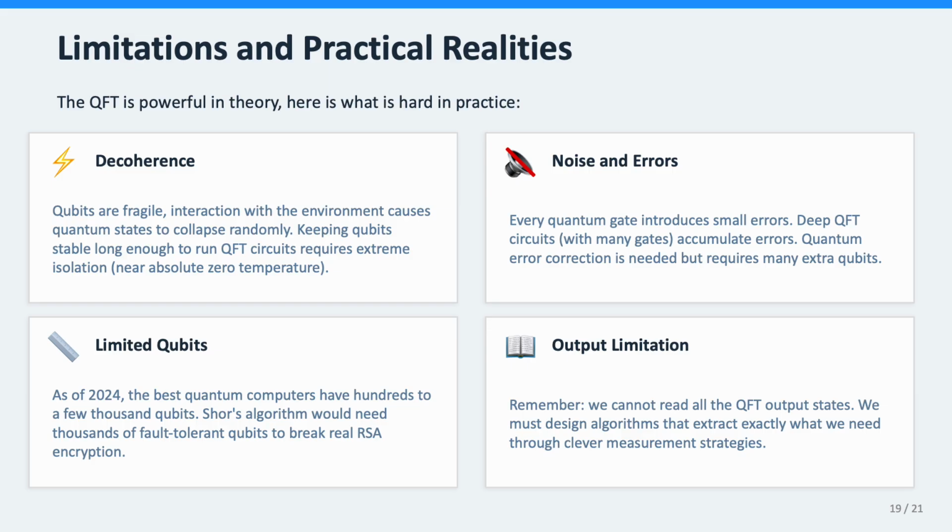There is also a fundamental output limitation we discussed earlier. Even if we build a perfect QFT circuit, we can only extract one classical output per run of the experiment. Extracting the right information requires careful algorithm design that amplifies the answer we want and suppresses everything else.